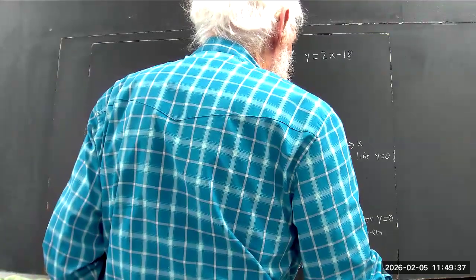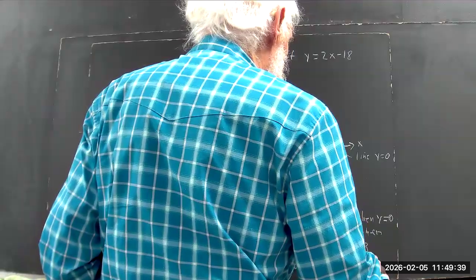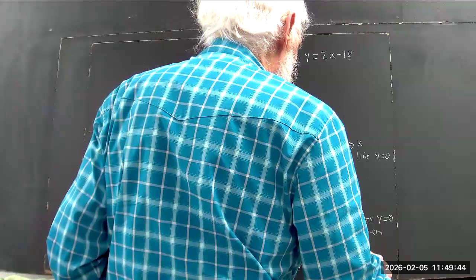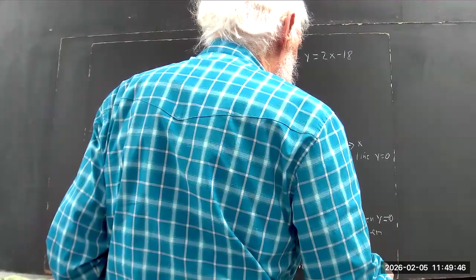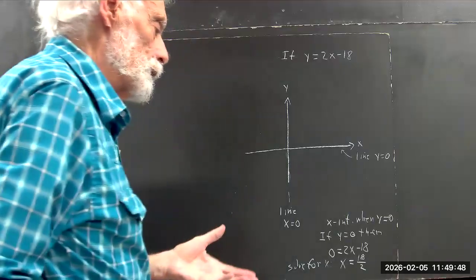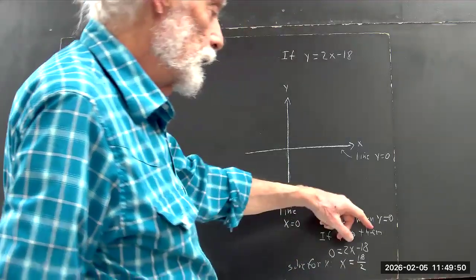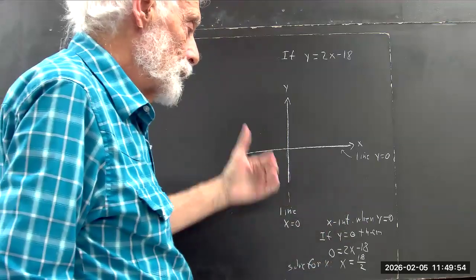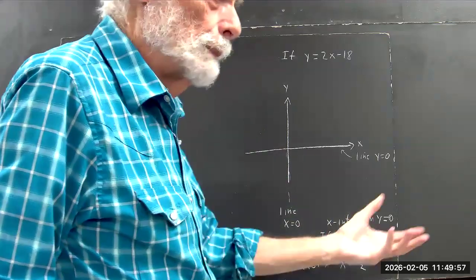So you're going to get x equals 18 over 2. Now there's a step between that. You add the 18 to both sides, and then you've got 2x equals 18. And you're going to divide both sides by 2.